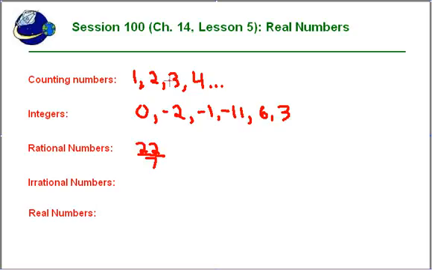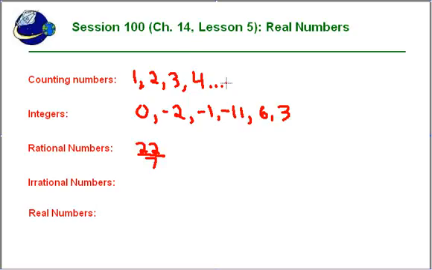However, that's not true with subtraction and division. If we were to take 2 minus 5, 2 and 5 are both counting numbers, but is the resulting answer -3 a counting number? No. So counting numbers are not closed with respect to subtraction.